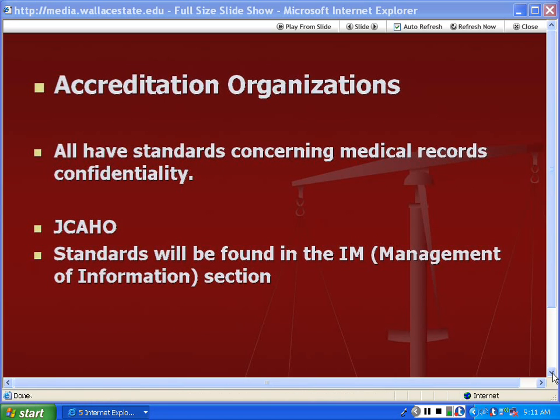But in your QI class, you'll cover them in more detail and actually get to look at the Joint Commission standards. The information management, the IM or Management of Information section, will have the standards dealing with confidentiality of medical records.